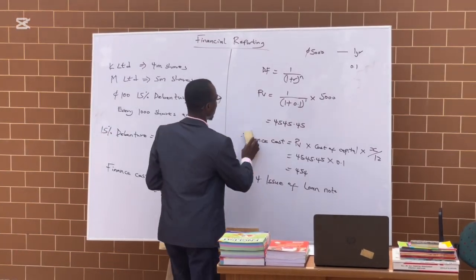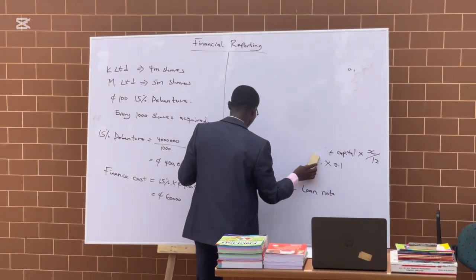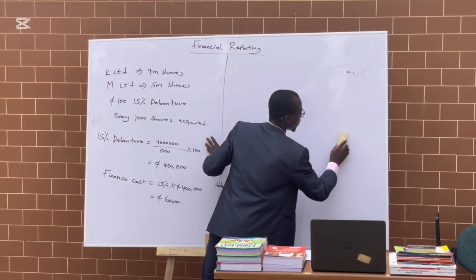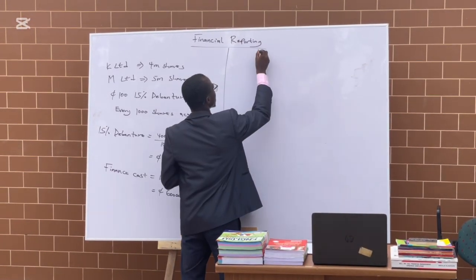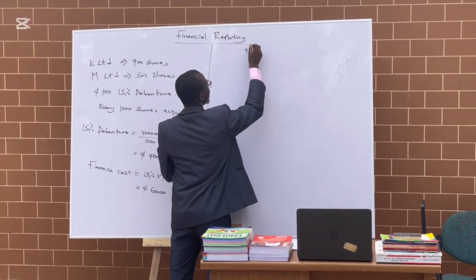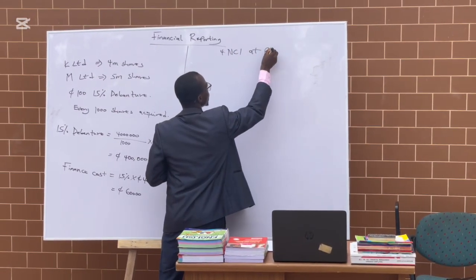So let me clean this side and continue with workings 4 of the consolidated financial statement. Workings 4: NCI at reporting.